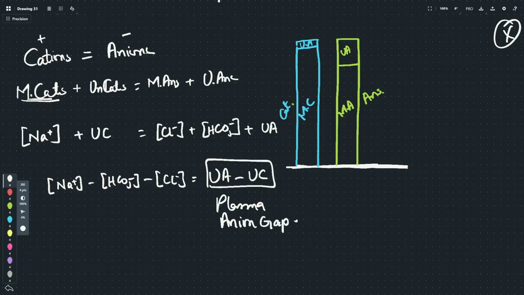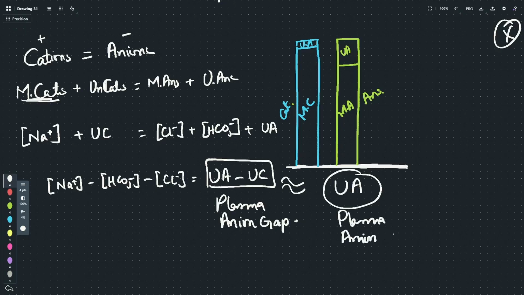So plasma anion gap is actually the calculation of unmeasured anions minus unmeasured cations. Now, especially in metabolic acidosis, we can remove the unmeasured cations, since they are very low anyway, and just write unmeasured anions as a rough estimate of the plasma anion gap.